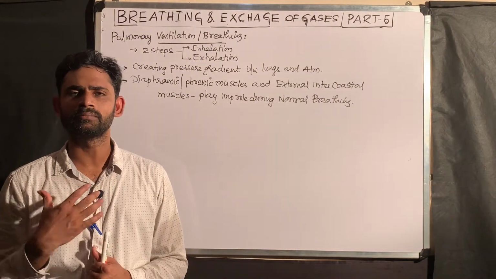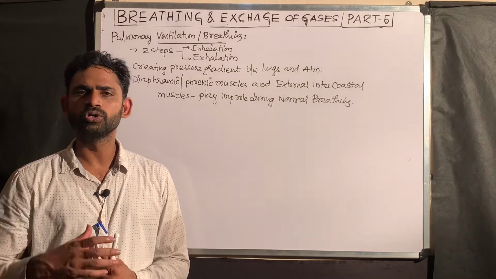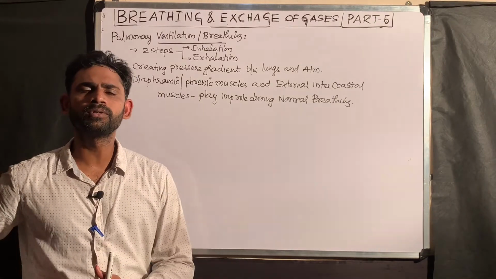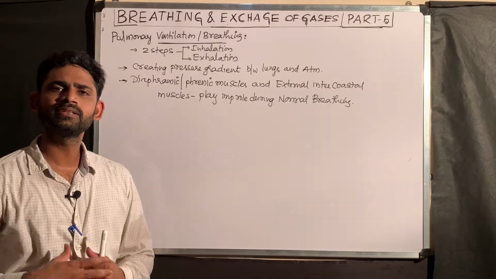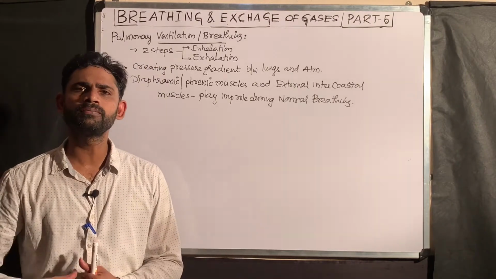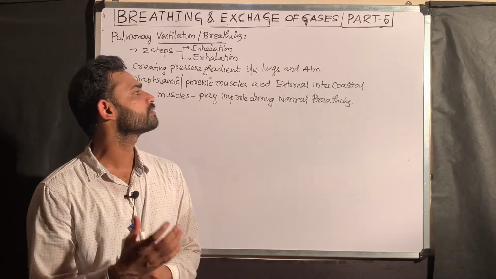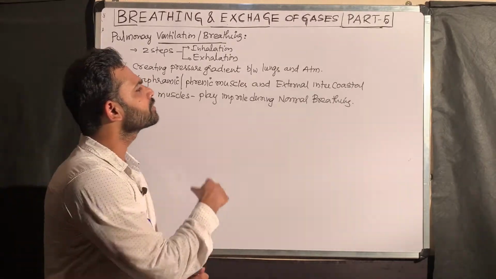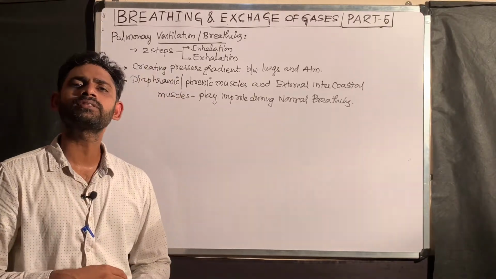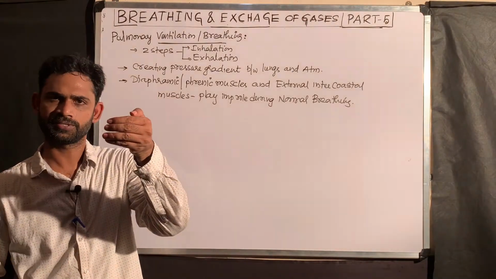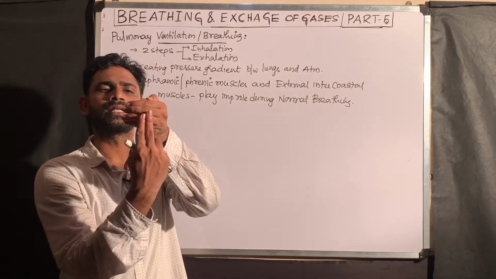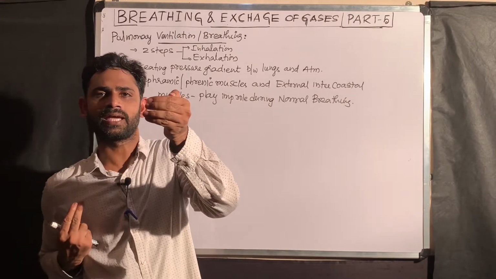Phrenic muscles are the muscles which connect the diaphragm to the ribs and vertebral column. That means the contraction and relaxation of the diaphragm is due to the contraction and relaxation of the phrenic muscles. Now take the external intercostal muscles. What are intercostal muscles? If you take the ribs, this is the outside, this is the inside.